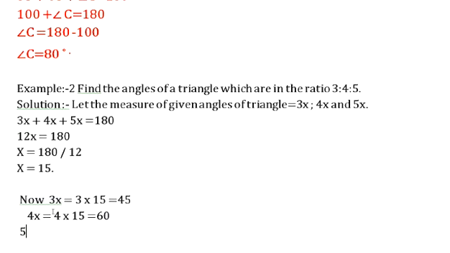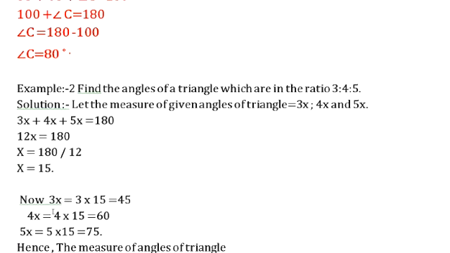Then 5x is equal to 5 multiplied by 15, which is 75 degrees. Hence the measures of the angles of the triangle are 45 degrees, 60 degrees and 75 degrees.